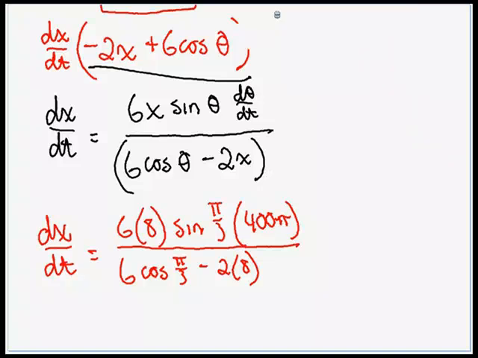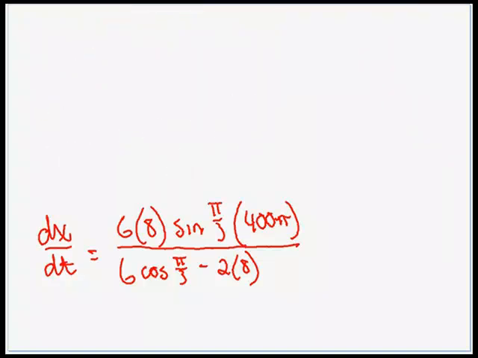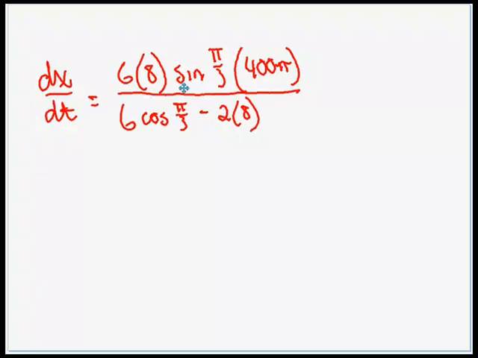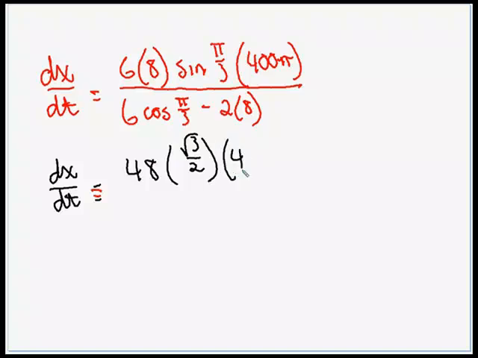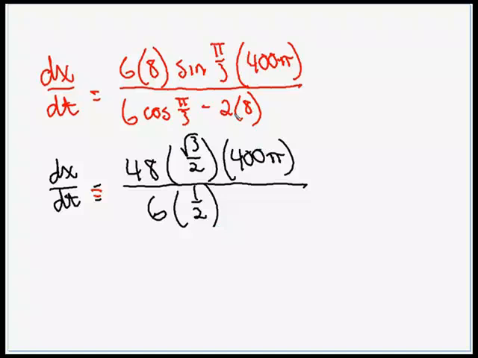Might as well finish this off real nice here. And I'm getting sick of red, so we'll switch back over to black. This is dx/dt equals 6 times 8, which is 48, times the sine of 1/3 pi, which is root 3 over 2, times 400 pi. We'll leave that in terms of pi, all divided by 6 times the cosine of pi over 3, which is 1/2, minus 2 times 8, which is 16.